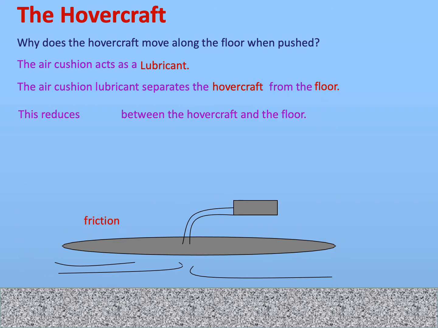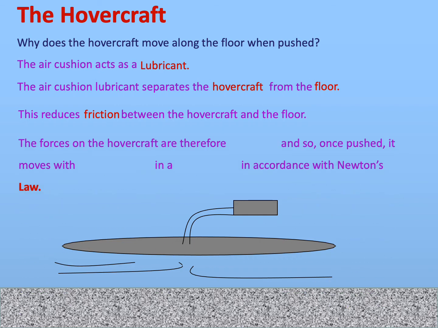This, of course, reduces friction between the hovercraft and the floor. It doesn't quite reduce the friction to 0, but it certainly makes it much, much smaller. The forces on the hovercraft are therefore balanced, and so once pushed, the hovercraft moves with a uniform speed in a straight line in accordance with Newton's first law. So that's the hovercraft.